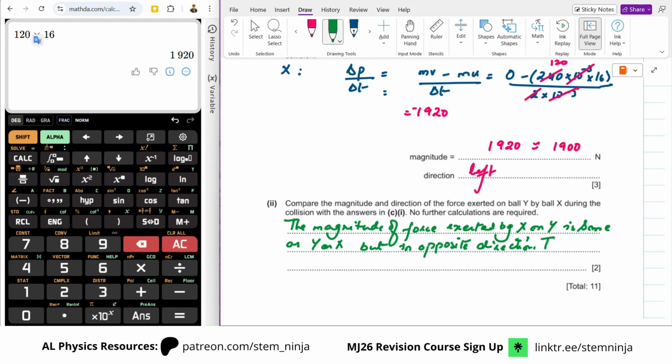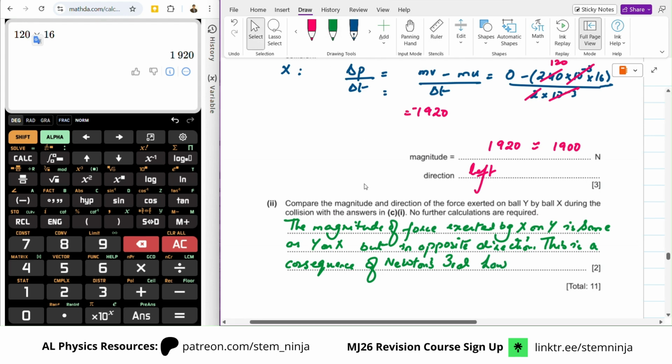This is a consequence of Newton's third law. You can also say that these are Newton's third law pair, action-reaction pair.